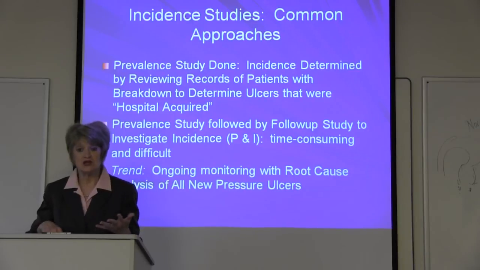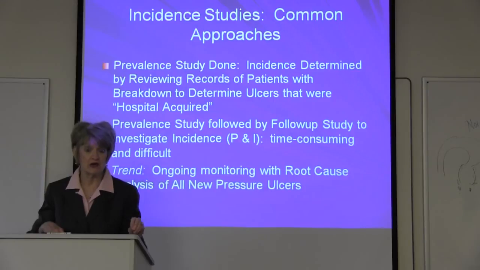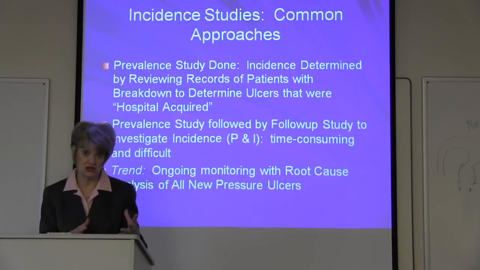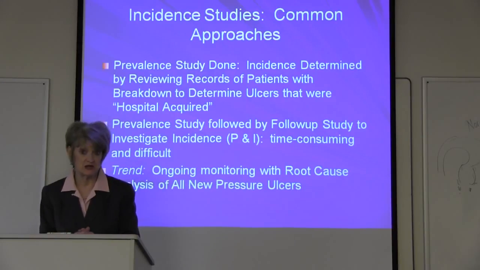If a patient shows evidence of impending breakdown, they have to go back 30 to 45 minutes later so that they don't confuse a normal condition, reactive hyperemia, with an abnormal condition, stage 1 pressure ulcer. So it's very time consuming. Then they're going to have to go back on any patients who do show evidence of breakdown.